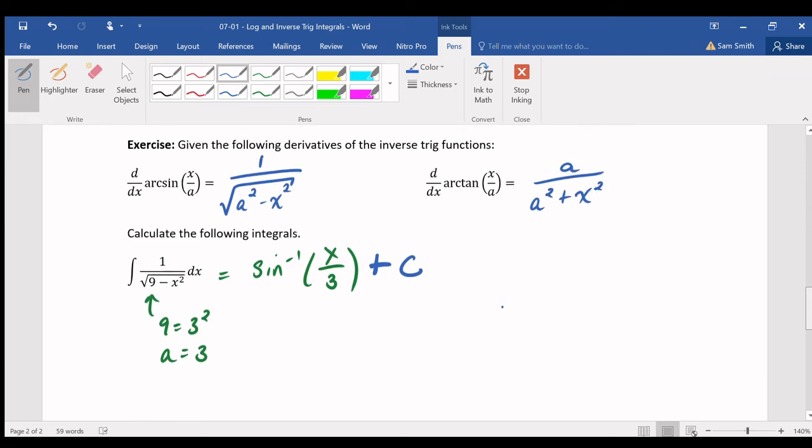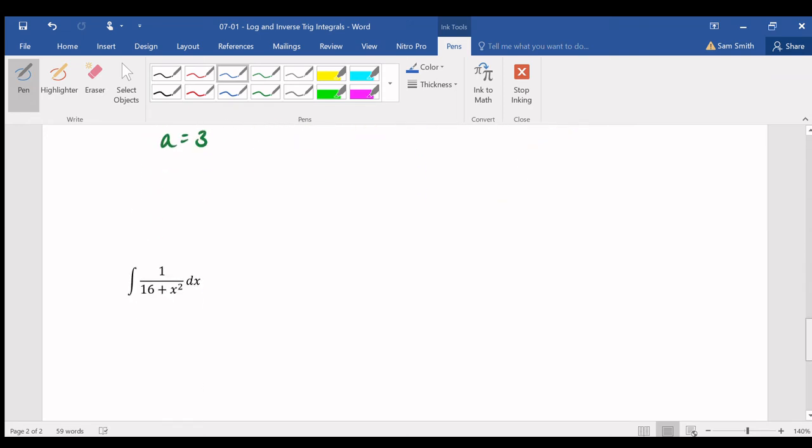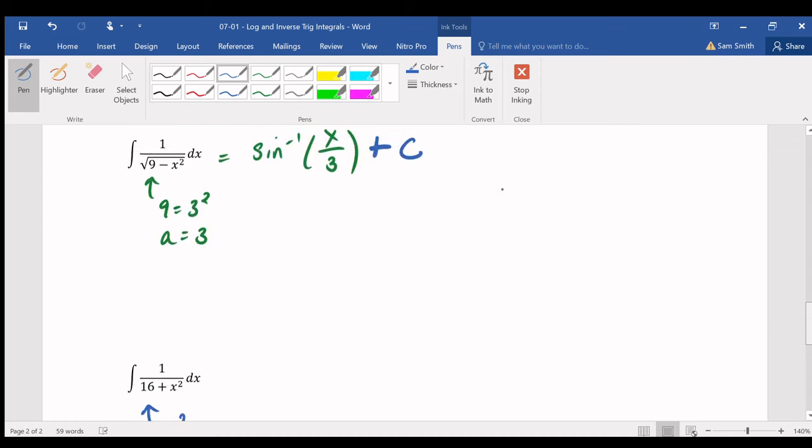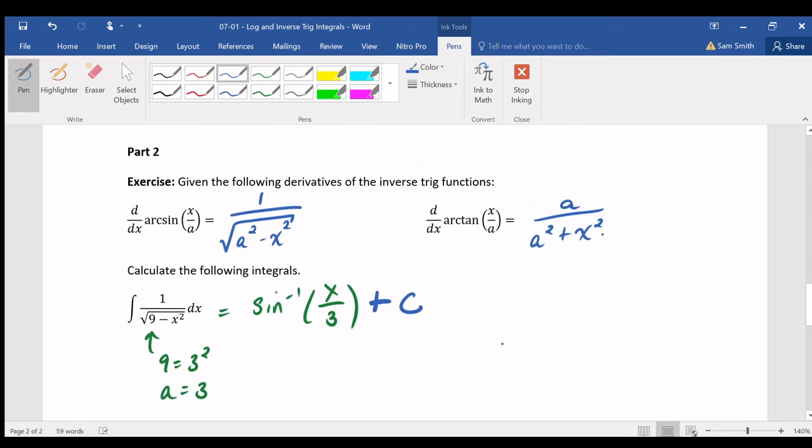Okay, now let's scroll down here and let's try and find the antiderivative of 1 over 16 plus x squared. Now 16 being 4 squared, and this fraction having a plus sign in the denominator and no square root, this feels a lot like it should have to do with inverse tangent, because inverse tangent also had in the denominator number squared plus x squared.